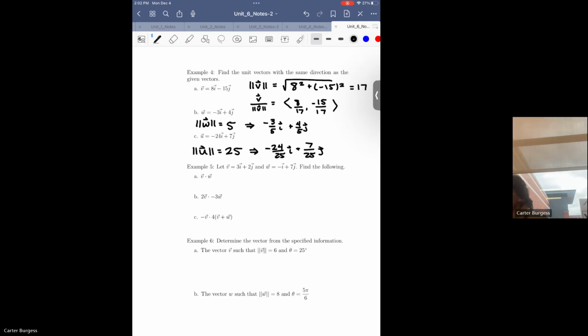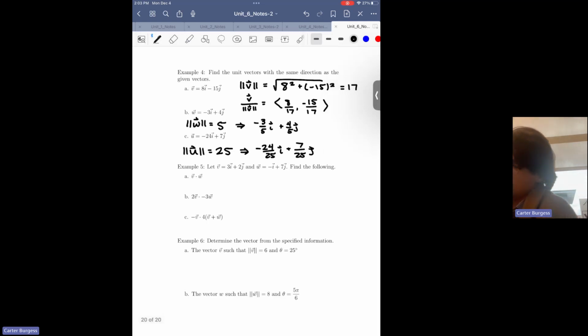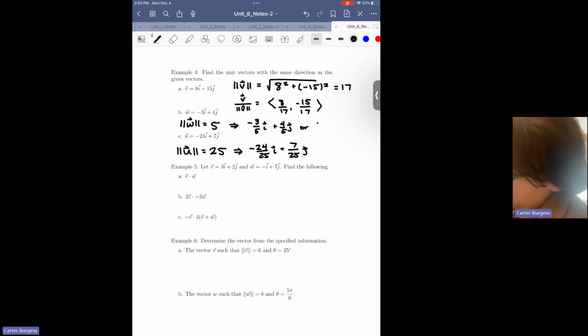Yeah, you can. It's just the same thing. It's two different ways of writing the same information.